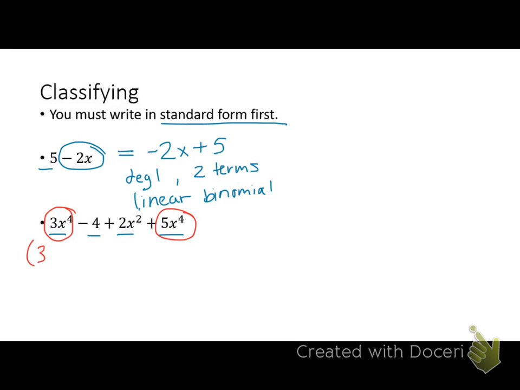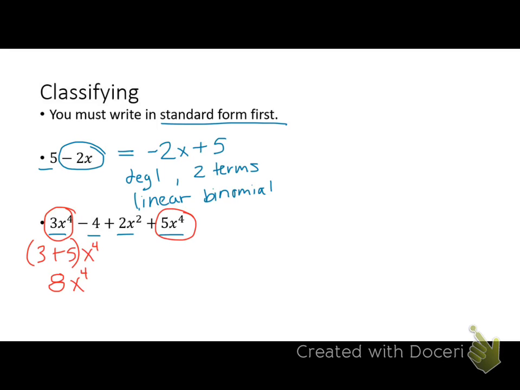So I'd have 3 plus 5, and then I'll write x to the 4th on the outside of it. 3 plus 5 is, that's an 8. I was thinking subtracting. So I have 8x to the 4th. Okay, so I want to go in descending order. So what's the next highest degree I have?